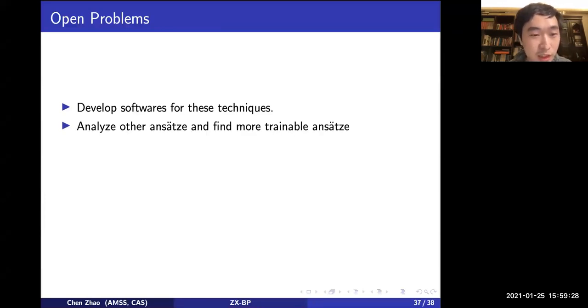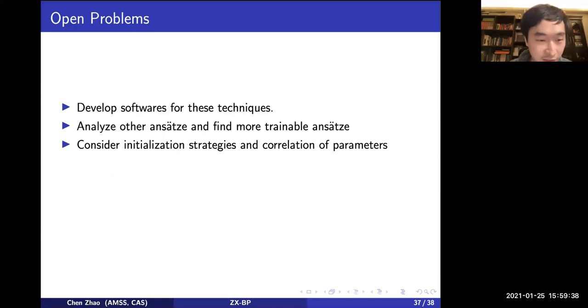And we have to analyze other ansatz and find more trainable ansatz. And it is still unknown whether these techniques can be used to analyze the initialization strategy and the correlation of parameters.